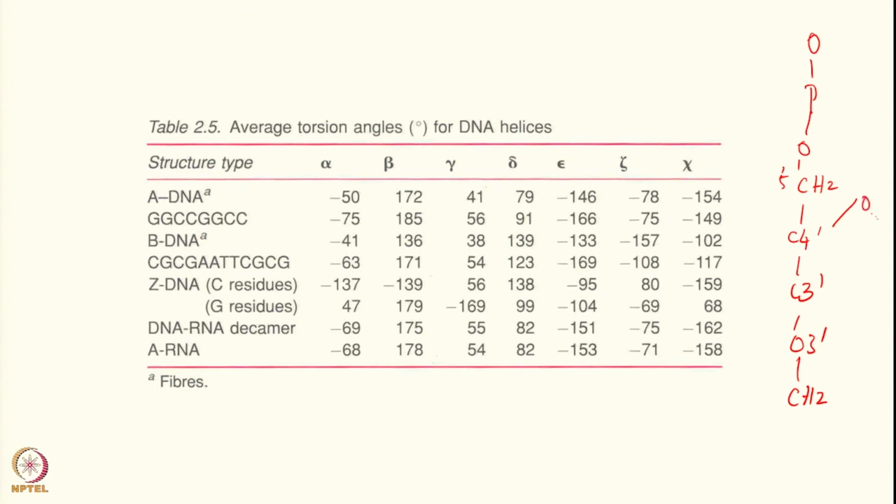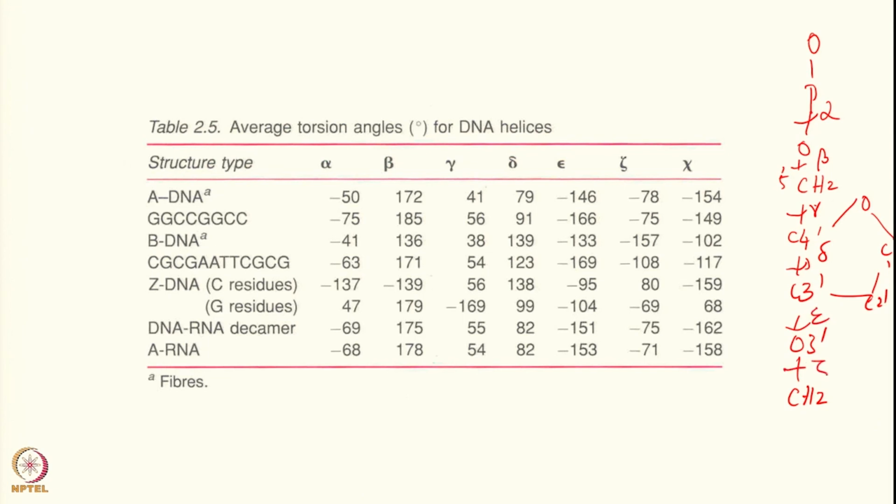This goes to the O here, C1 prime, C2 prime, and this is connected to this, and this angle is the delta torsion angle. This is the gamma, this is the beta, this is the alpha, and this angle is the epsilon, and this is your xi.